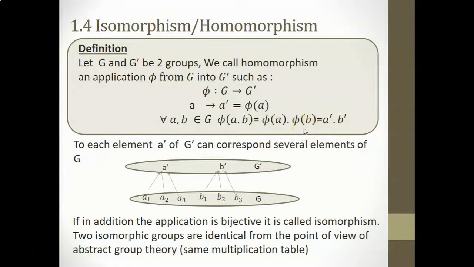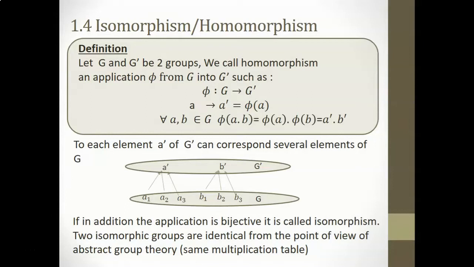This means that no matter what two elements A and B belong to G, if in G C is equal to A multiplied by B, then in G prime will correspond to the element C the element C prime, such that C prime is equal to A prime multiplied by B prime.